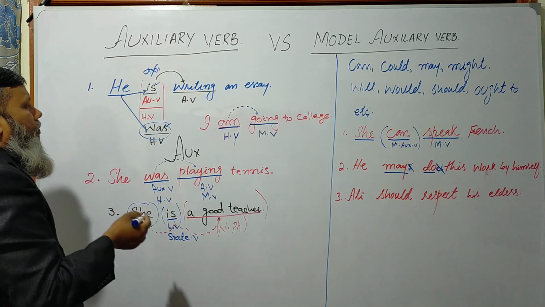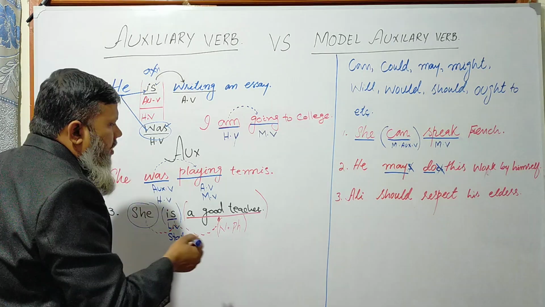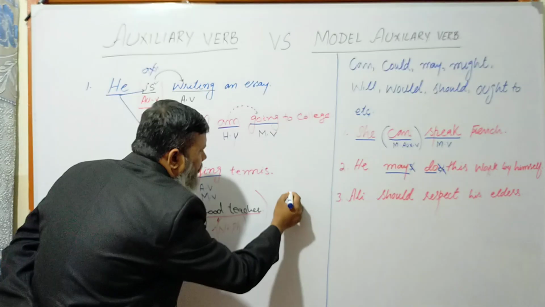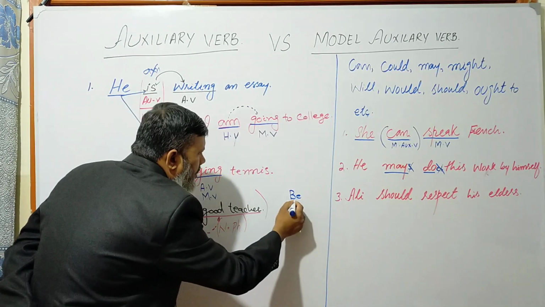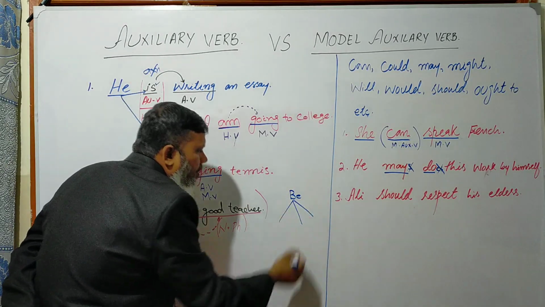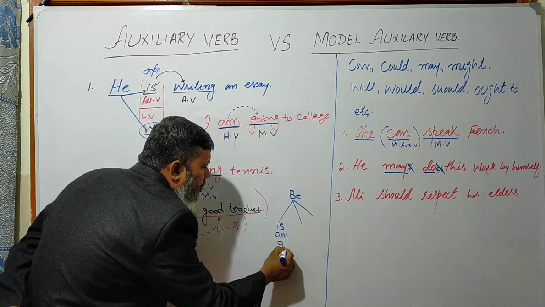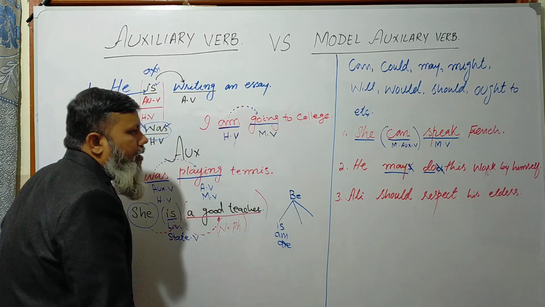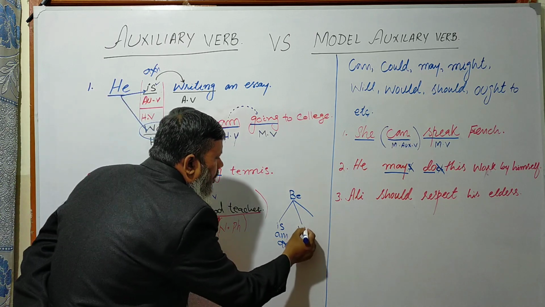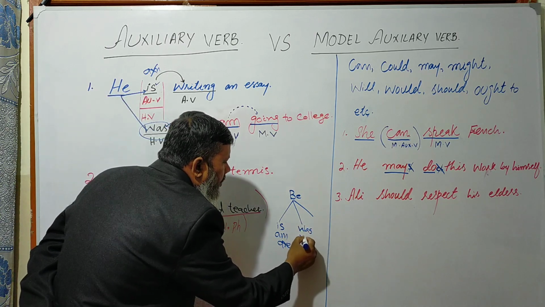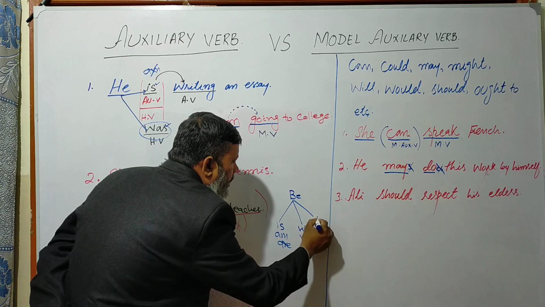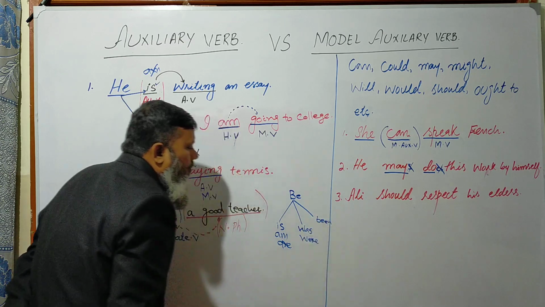Look and try to understand. Is, am and are are the to-be verbs. Was and were are the past forms, and the third form is been.